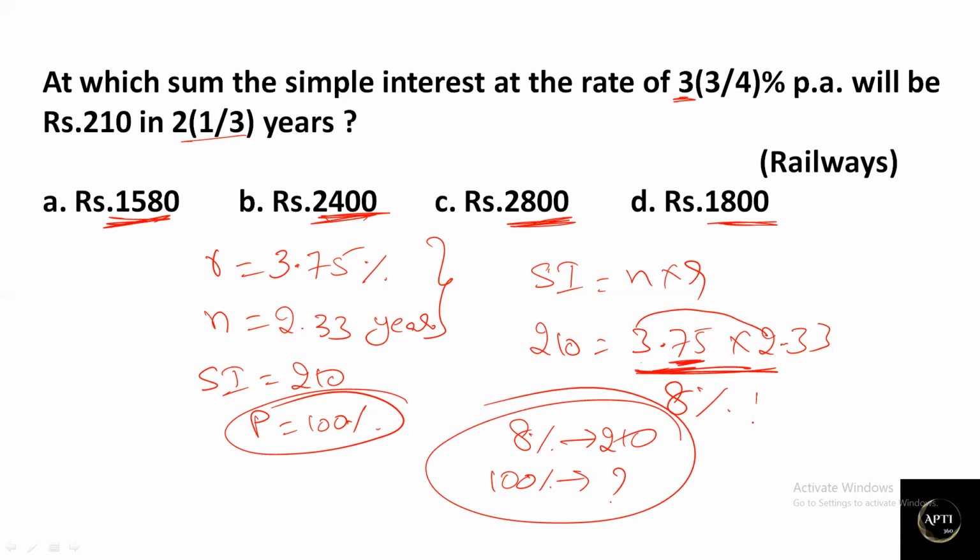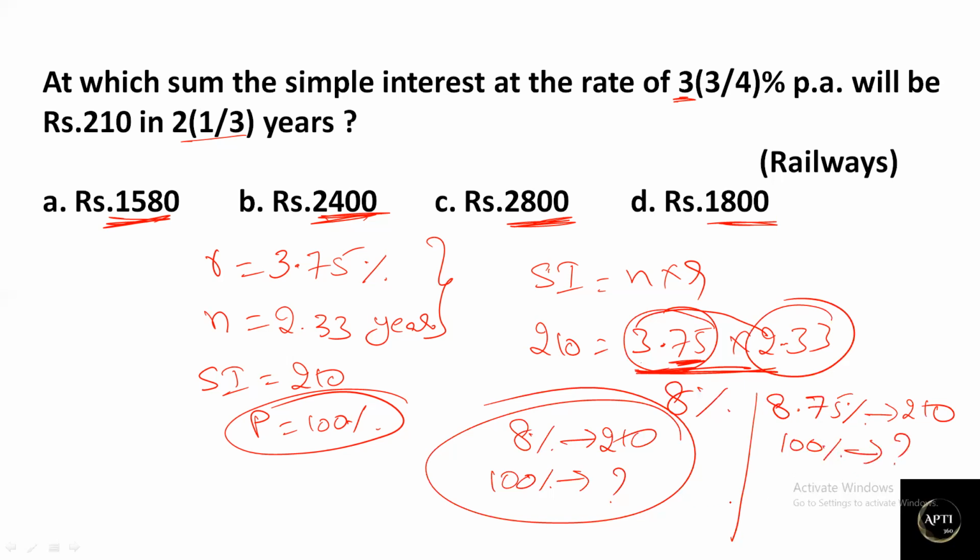If you want to go with the exact value, just calculate 3.75 into 2.33. You will get 8 point something 75. If 8.75% is 210, what is 100%?